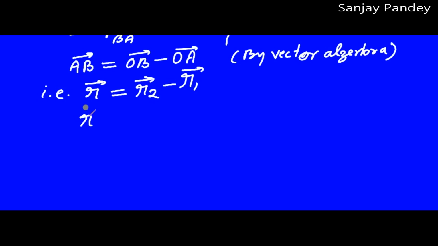So magnitude r will be equal to the magnitude of r2 minus r1. Therefore, F AB can be written as minus 1 upon 4 pi epsilon naught Q1 Q2 upon r square r cap.